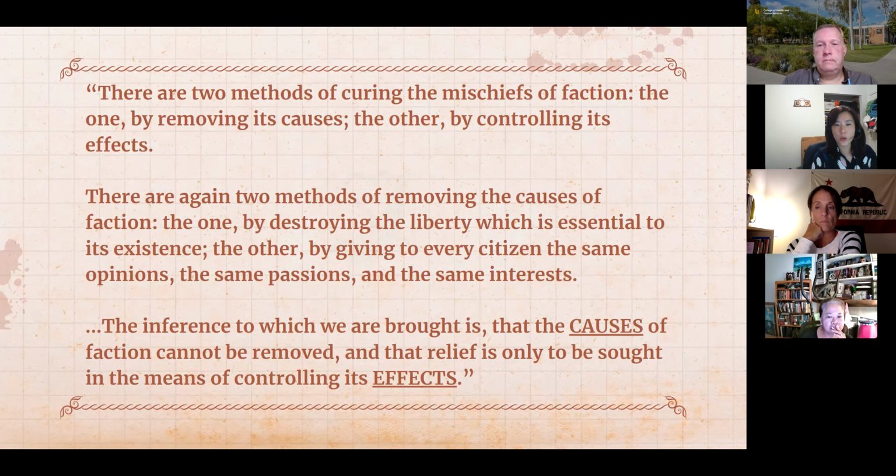The first way is to destroy liberty, which is probably worse than the problem itself and unwise. The other way is to give everybody the same opinion, which is almost impossible and impractical. So neither of these two ways of removing the cause of factions will work. We are only left with one possibility, which is to control the negative effects of factions.